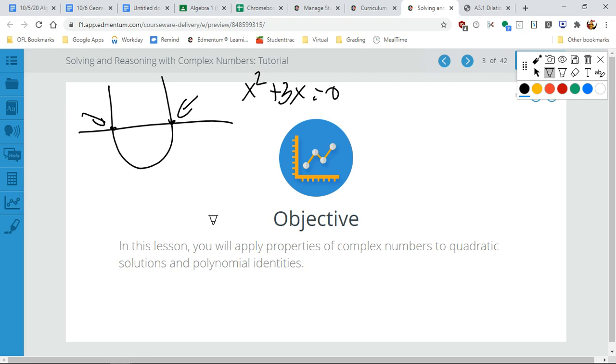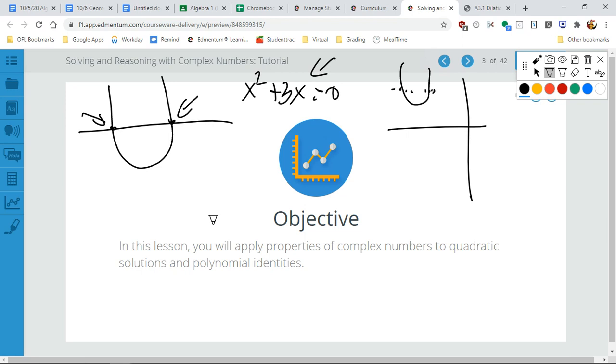That would let us know what the x-intercepts were. But what if it never touches the x-axis? If it never touches the x-axis, it would still have an answer. The only problem is it would be imaginary numbers.